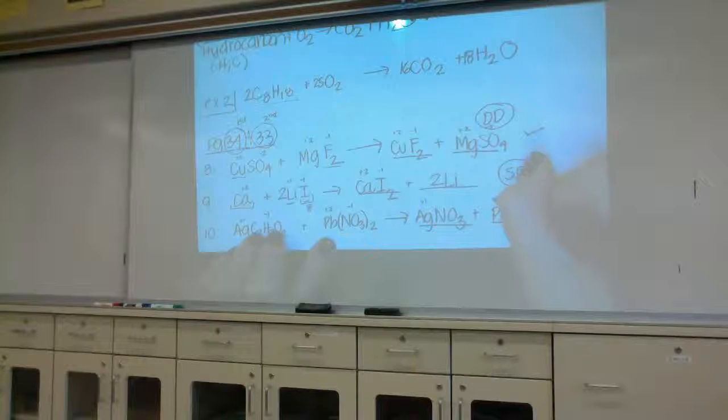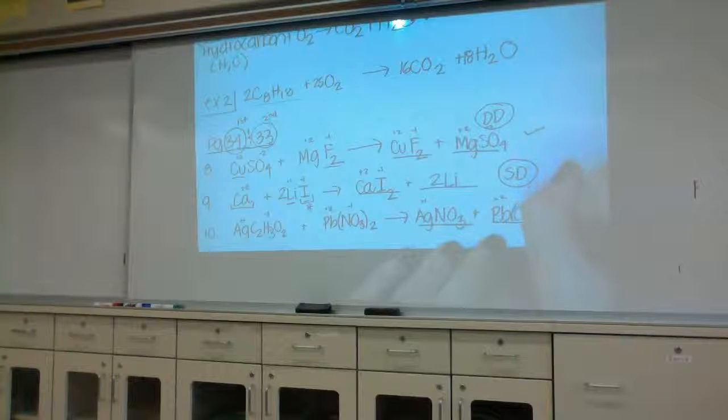I know that has a charge of +2. Combine it with my first negative, which is C2H3O2. So that is a -1. If I put that together and I crisscross, you should get this, PbC2H3O2 parentheses 2.